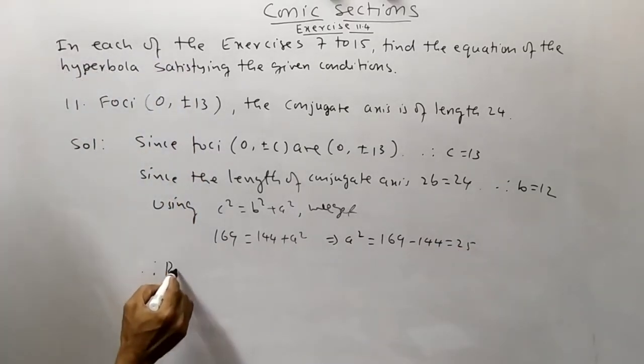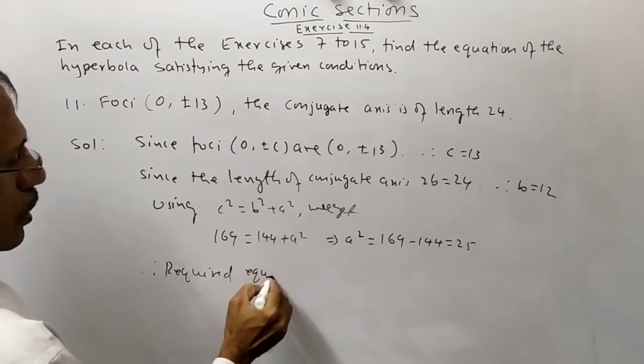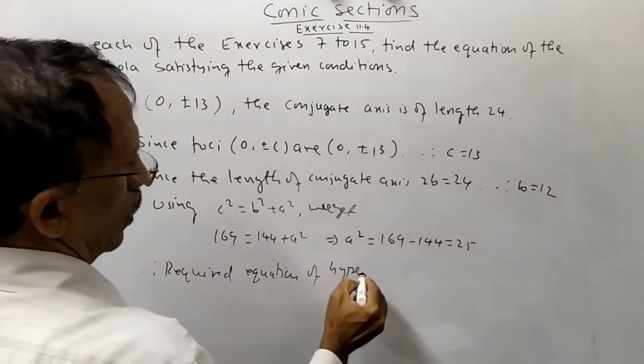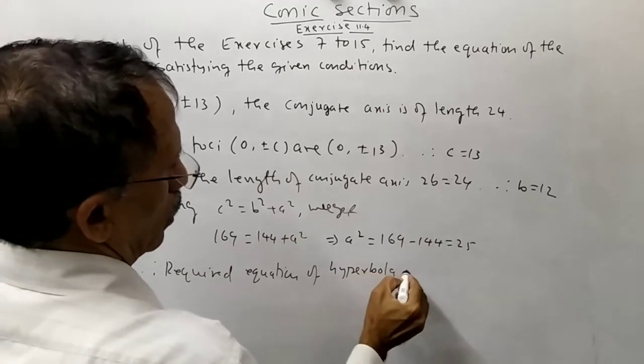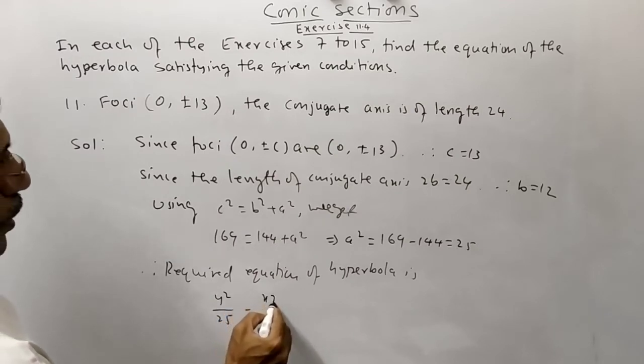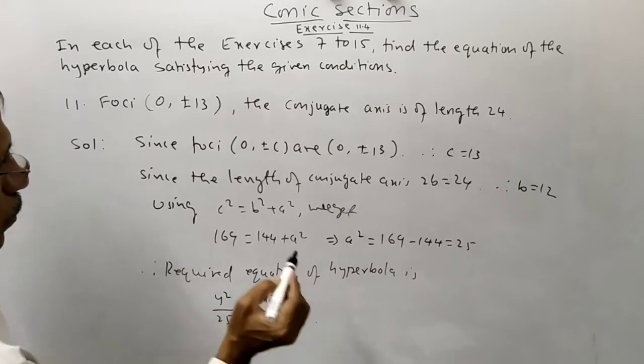Therefore, required equation of hyperbola is y square divided by 25 minus x square divided by 144 is equal to 1.